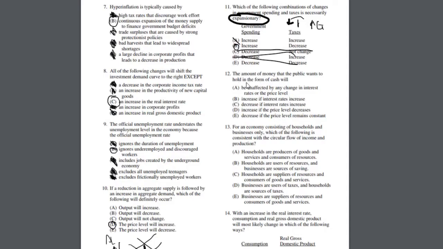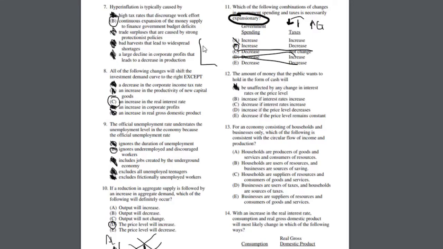And now 12. The amount of money that the public wants to hold in the form of cash will be unaffected by any change in the interest rates or price level? Nope. That's exactly what changes that. So basically, the amount of money people want to hold in the form of cash, we're looking at money demand, in the money market. So what would change money demand? Increase if interest rates increase? No, actually, if interest rates increase, you're going to demand less cash.